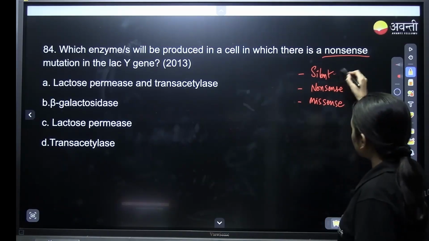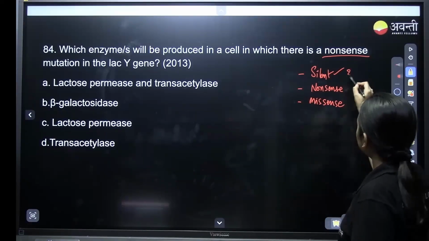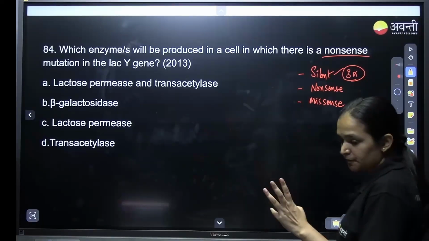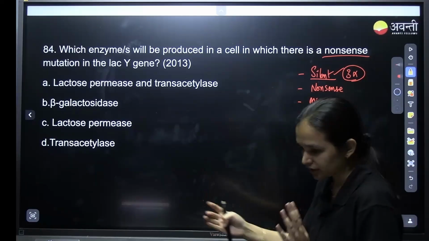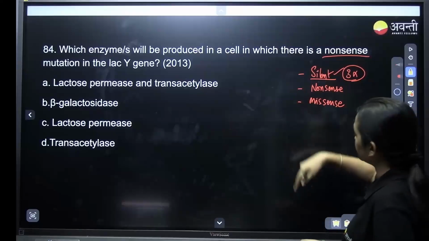Nonsense mutation: there are three types of mutation. One is silent mutation, another is nonsense, another is missense. See, silent mutation means if there is a mutation in multiples of 3 base pairs, then it is a silent mutation. There is no frame shift, the reading frame will be the same. That is called silent mutation.